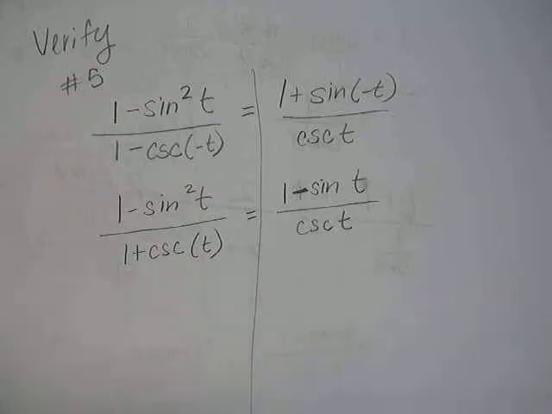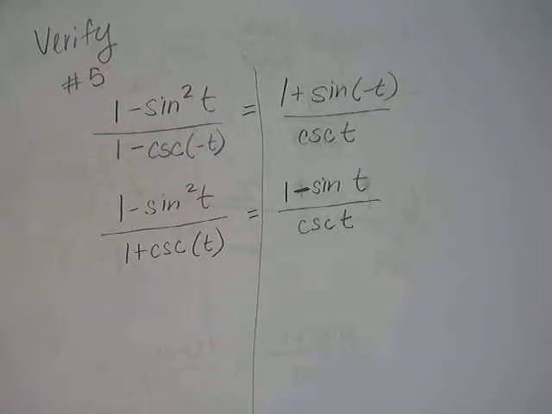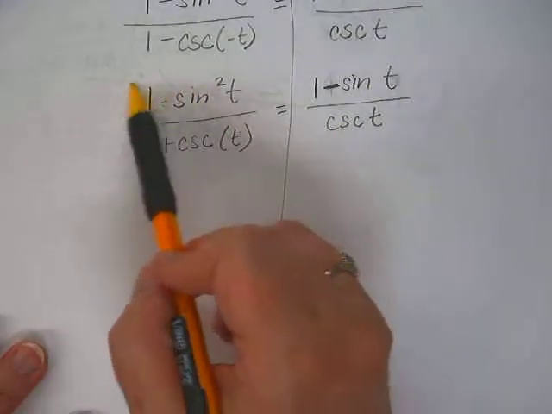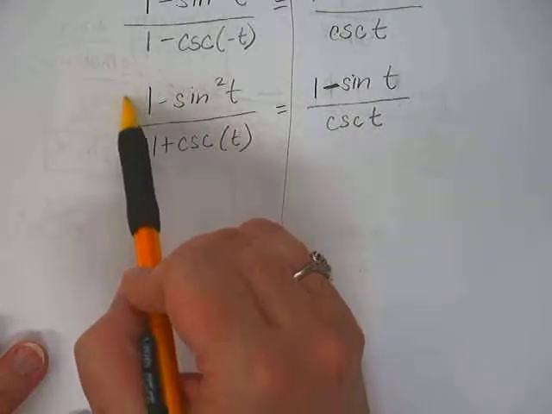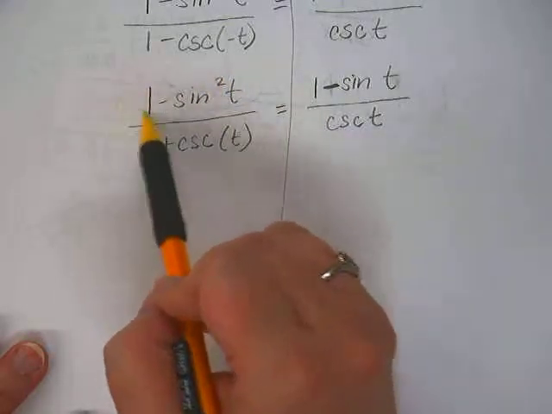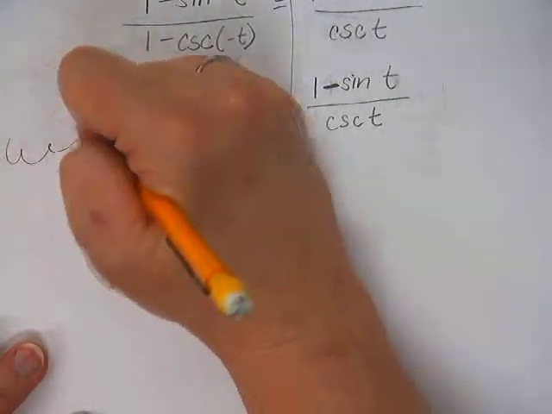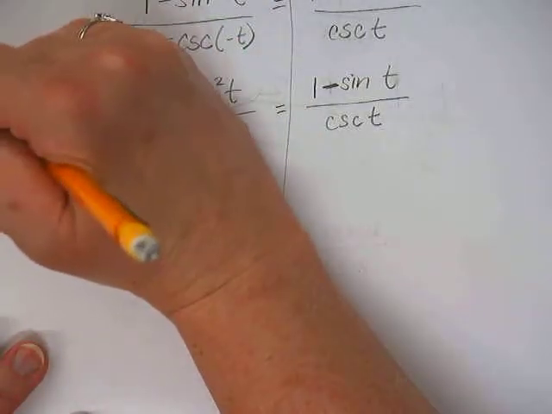Alright, now that we have the odd and even identities out of the way, we probably should choose one side of this problem and start working on it. The first thing I notice is on the left side of the problem, we have this thing here, which I recognize. You should start recognizing these identities. This one should be recognizable as cosine squared because of our Pythagorean identity.